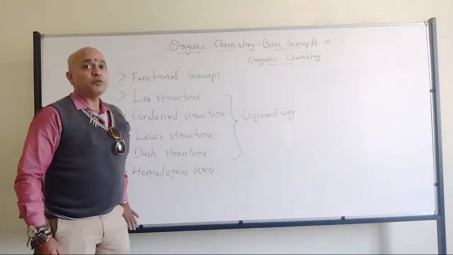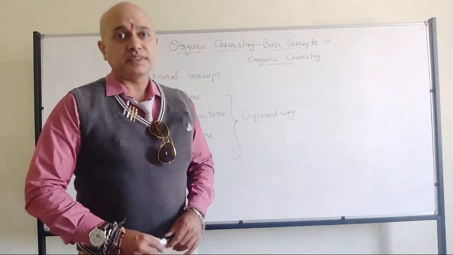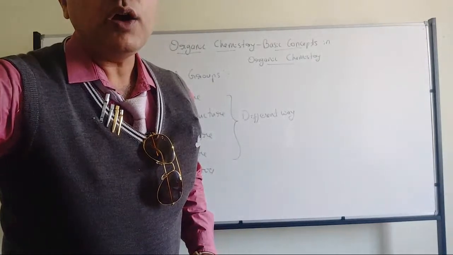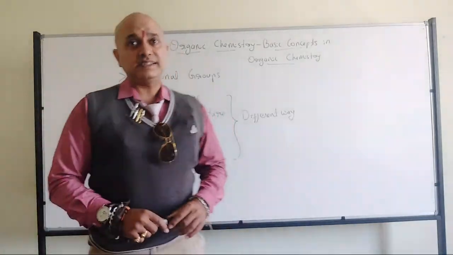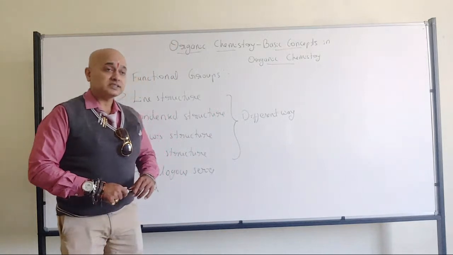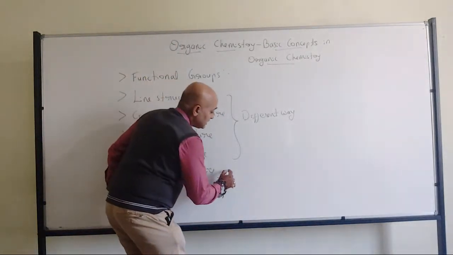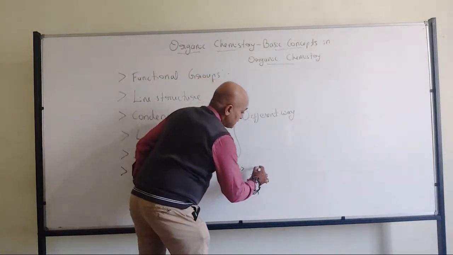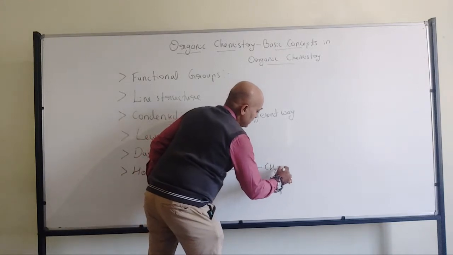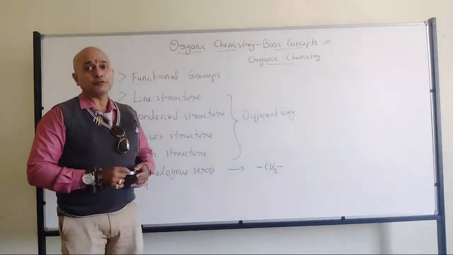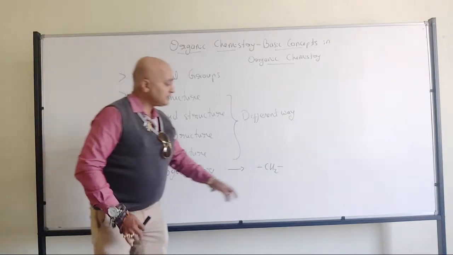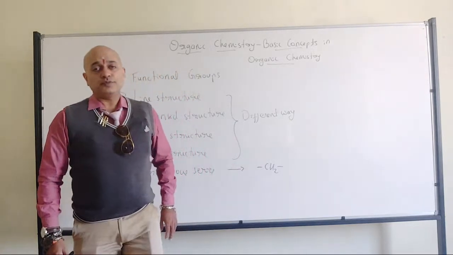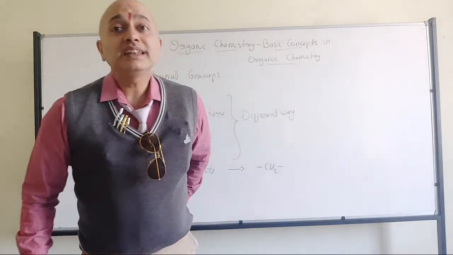Then we have discussed homologous series. So what do you mean by homologous series? These are the hydrocarbons which differ from each other by one methylene group. What do you mean by a methylene group? CH2, that is nothing but a methylene group.